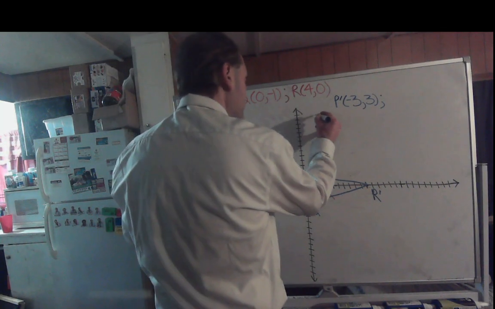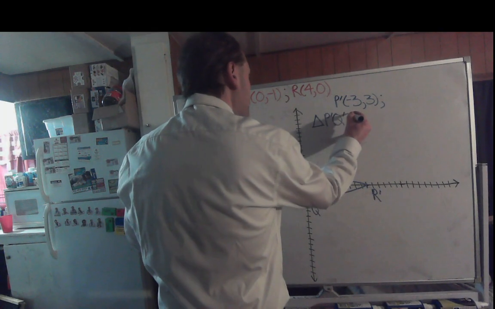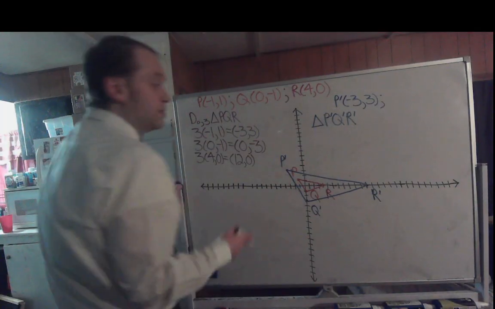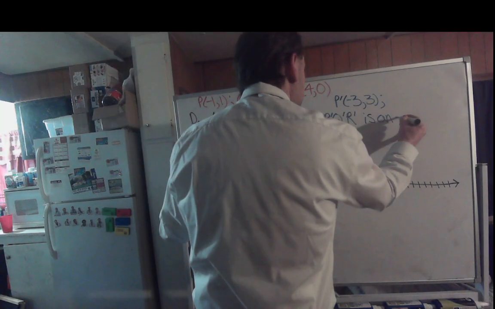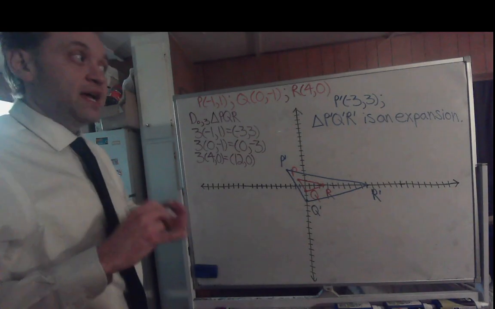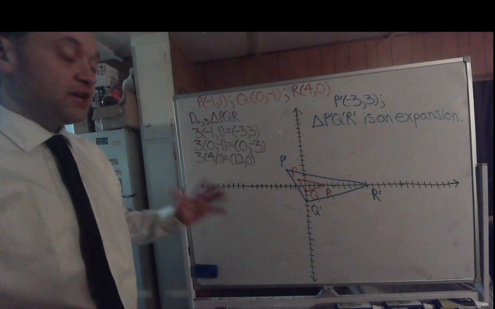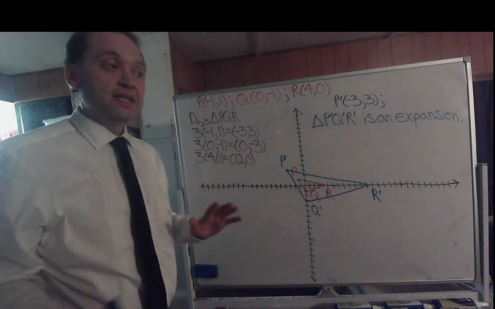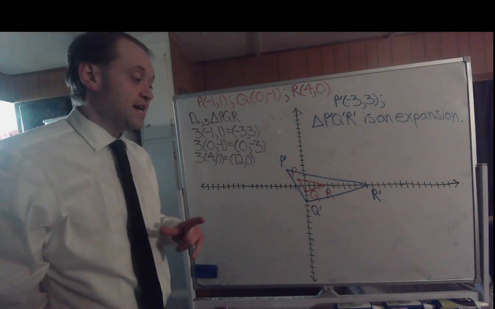So we can say that triangle P prime, Q prime, R prime is an expansion because the scale factor is 3, which the absolute value of that is greater than 1. So this here goes to show you that any dilation is not an isometry because it changes the size.